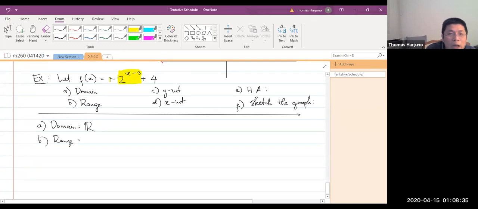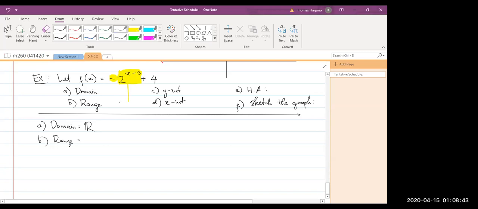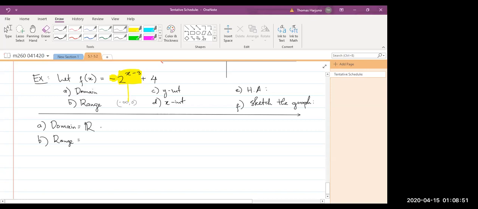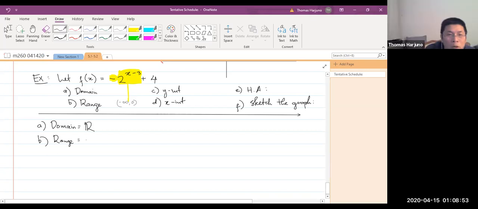Now when I include the negative, the range will be from negative infinity to 0. Right? Now what happens if I add 4? Negative infinity to 4, that's right.